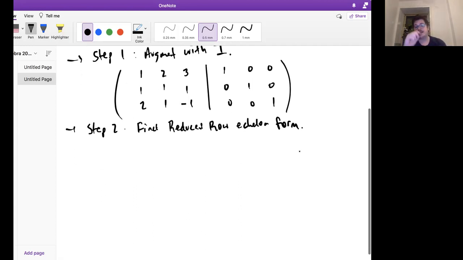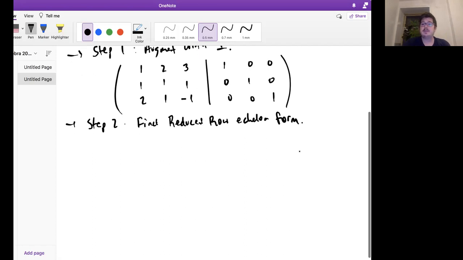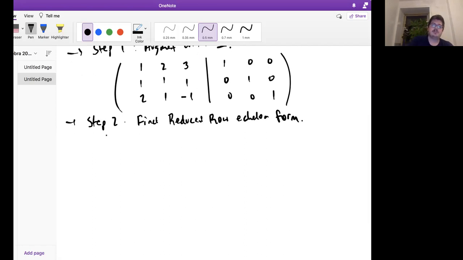Okay, so can someone say first step? Good, yeah. Row 2 to row 2 minus row 1, and row 3 to row 3 minus 2 row 1. So by doing this on both sides, we're getting the product of that elementary matrix on the right-hand side.